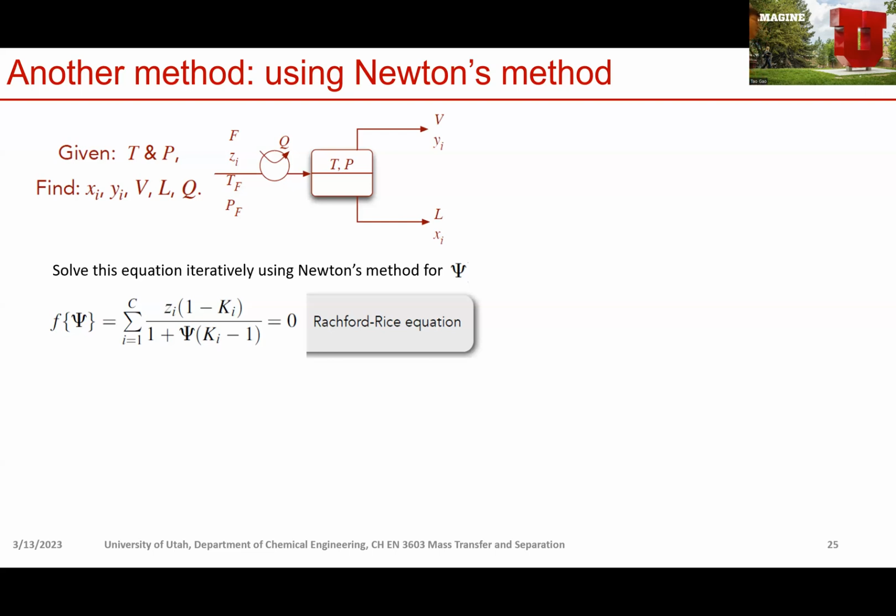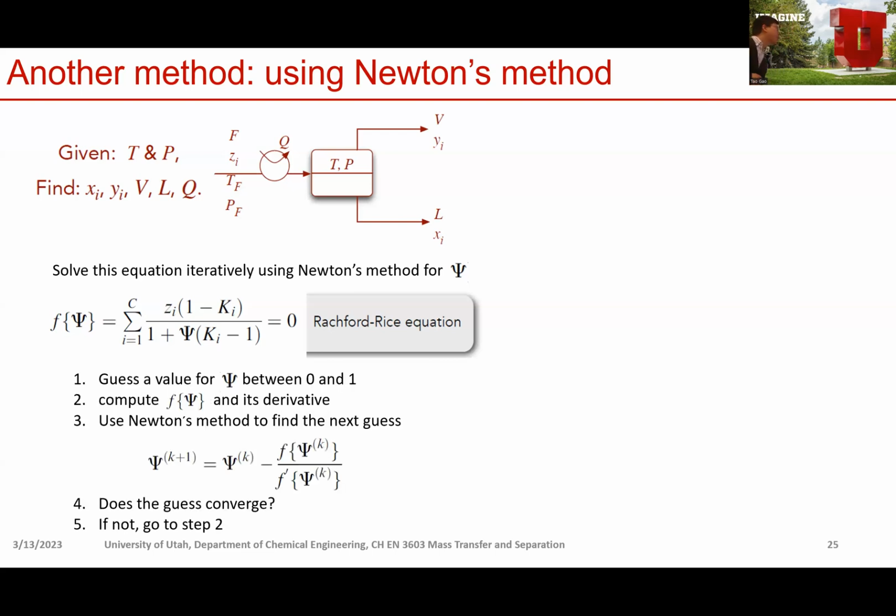And we start from this. This is the Rachford-Rice equation, and it's a function of psi. Our goal is to find the psi value that makes the whole equation equal to 0. Again, this is a nonlinear equation, so you cannot solve it by a simple method. The idea of Newton's method is you guess a value for psi between 0 and 1.